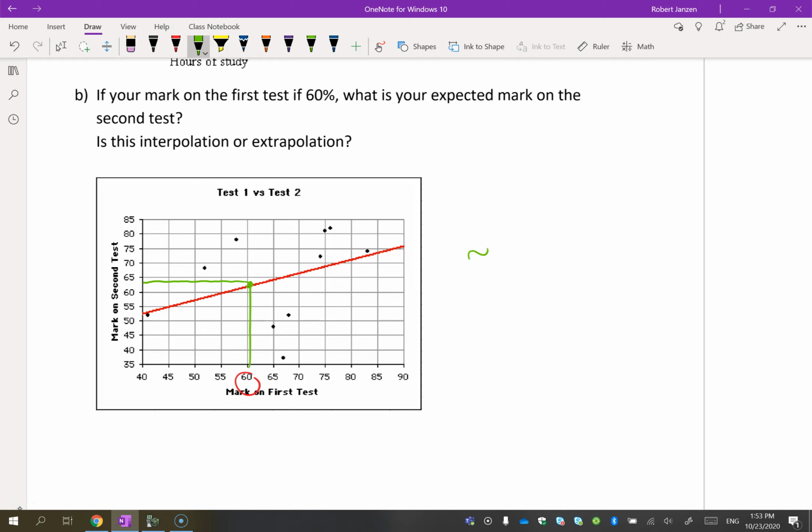This looks like it's approximately 63%. So is this interpolation or extrapolation? This is interpolation because it's within existing data. If you look, there's data here. If we were extrapolating, that would be way over here, past the data. But this is within existing data.